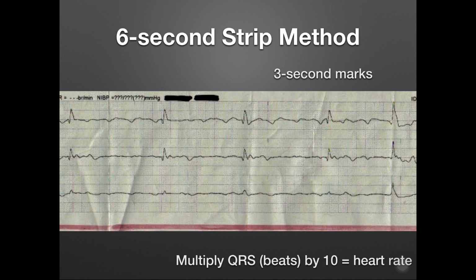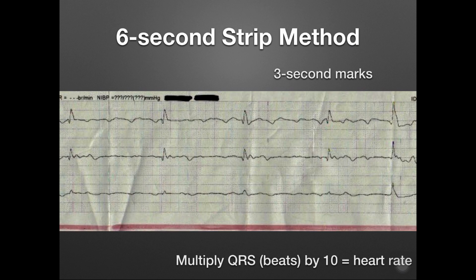If we multiply that by 10, we know that our rate is slow, because 10 times 4 is 40, and that's what our heart rate equates to here.